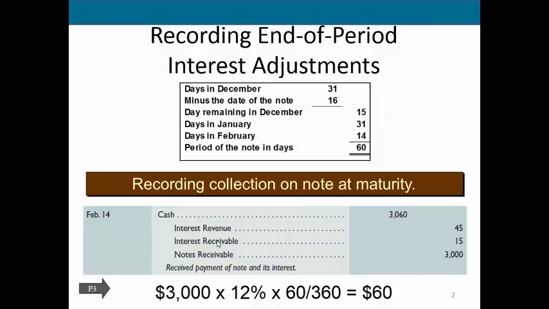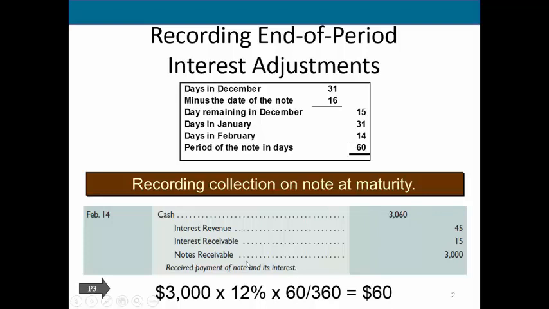So then what happens when we actually get this money paid to us? When the full 60 days passes, we'll end up getting the $3,000 that was originally owed to us, and we will get the full amount of the interest. So the 12% interest for the full 60 days is $60 of interest.